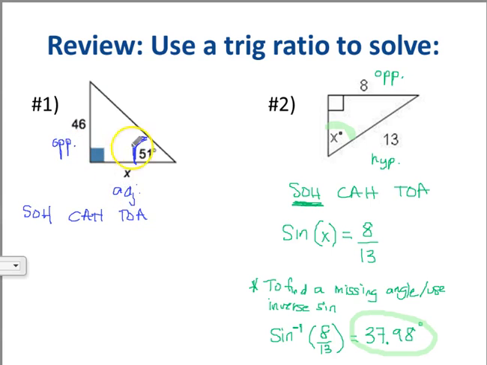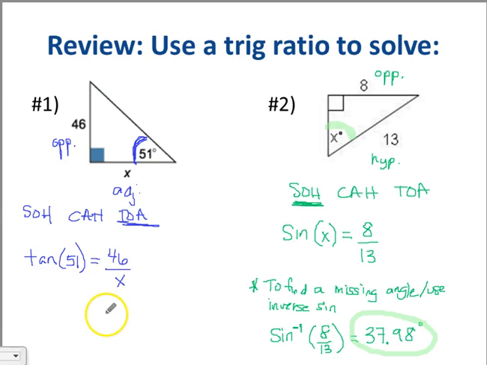Opposite and adjacent means we're going to use tangent, the TOA. All right, so let's set up our proportion here. We're going to have tangent. The degree always goes right next to the tangent, equals opposite over adjacent.